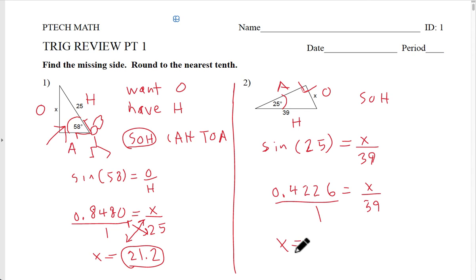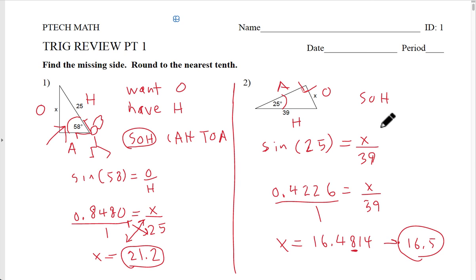So it's going to be X equals to... Let me just go ahead and calculate that. Give me 1 second. 0.4226, and then I'm going to do times 39. And there we go. I'm going to get 16.4814. And if I'm rounding to the nearest tenth, this 8 tells me that I got to go up and not stay. So it's going to be 16.5.